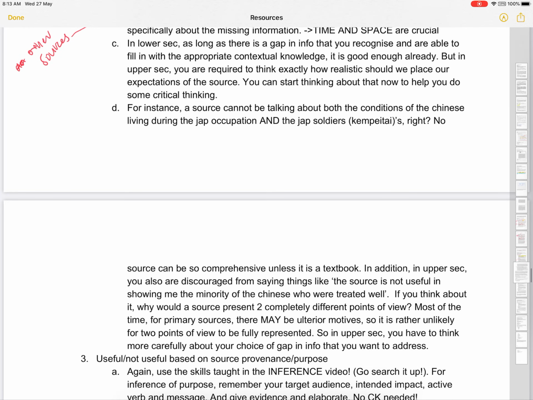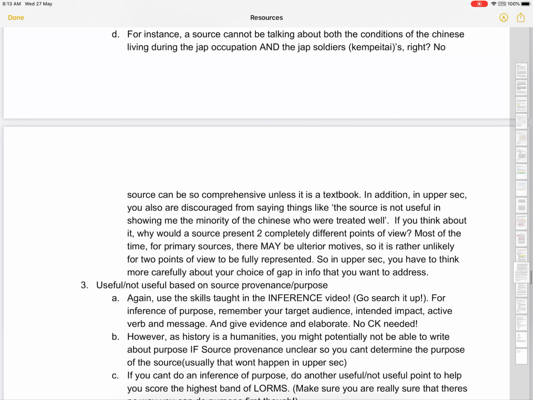For instance, a source cannot be talking about both the conditions of the Chinese living during the Japanese occupation and the Japanese soldiers, right? Because no source can be so comprehensive unless it is a textbook. Similarly, a source cannot be talking about both China and India at the same time, because you cannot expect so much of a source.